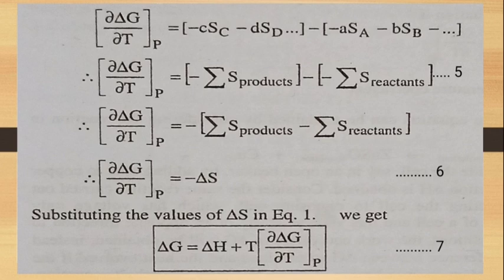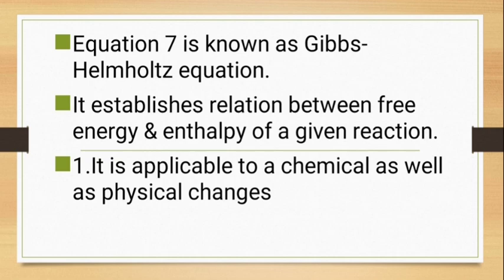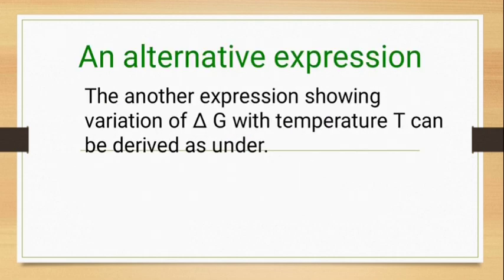The equation can be written as ∂ΔG/∂T at a constant pressure is equal to, in a bracket, minus summation of S products, minus, in the second bracket, minus summation of S reactants.